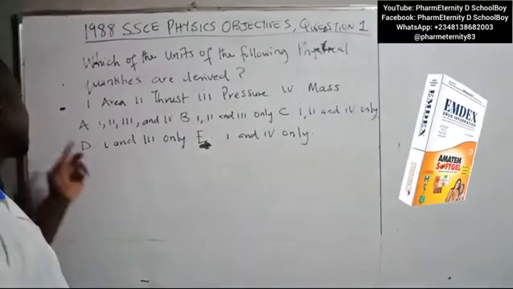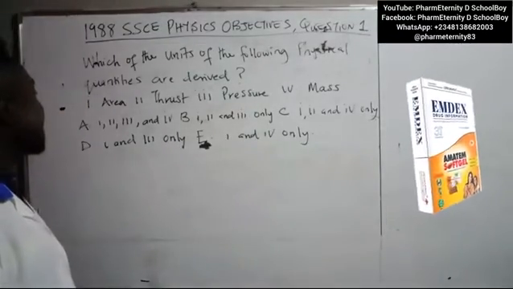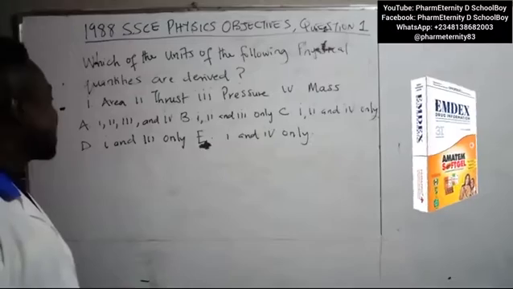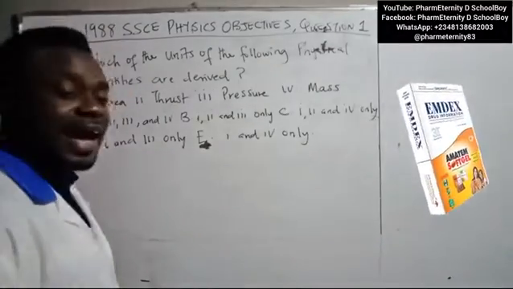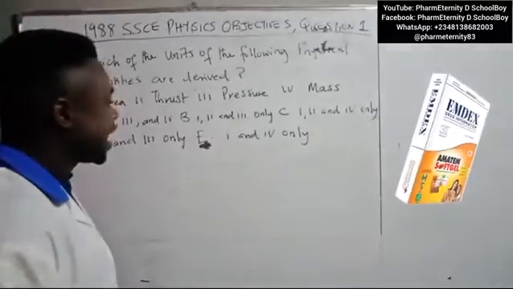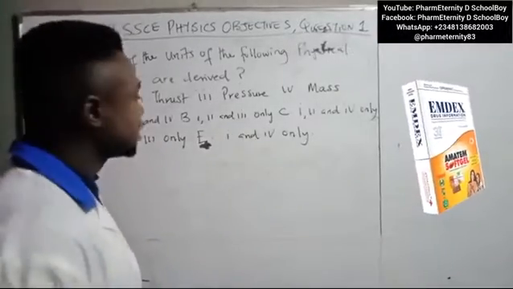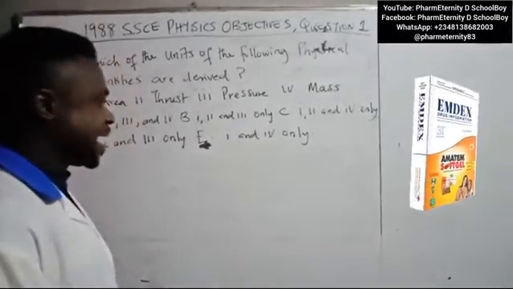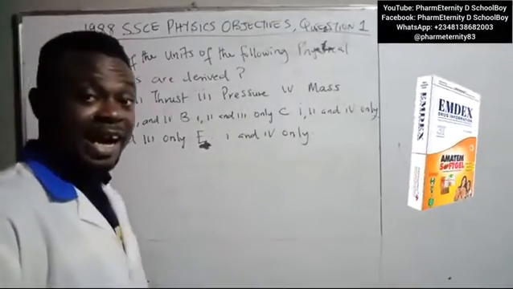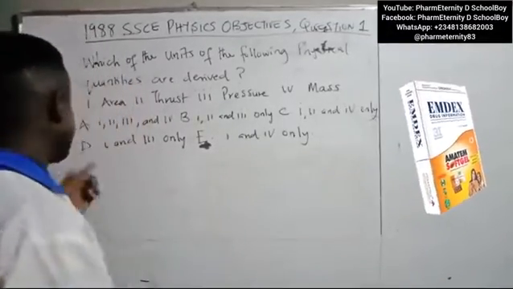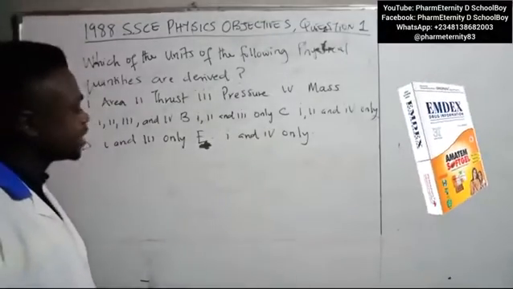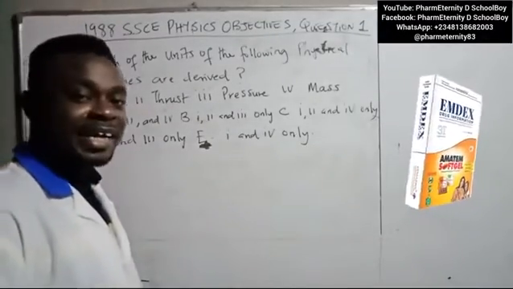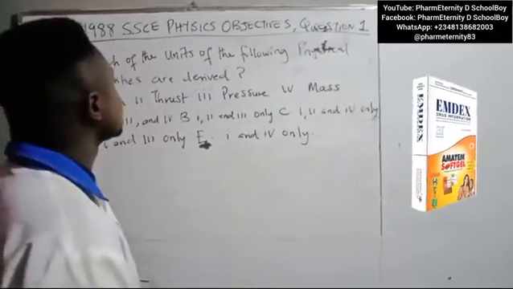The options are A. I, II and IV. B. I, II and III only. C. I, II and IV only. D. I and II only. E. I, III and IV only.